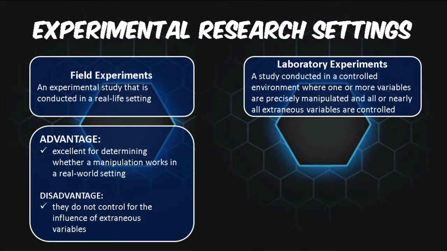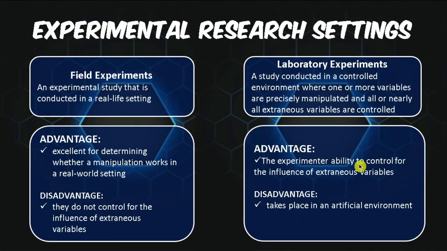Experiments could also be done in laboratories. I believe we know what a laboratory is. The advantage of conducting your experiment in laboratories is actually the disadvantage of the other one. Since you are doing it in an artificial environment, you are able to control for extraneous variables because you're just in a closed building or something like that.